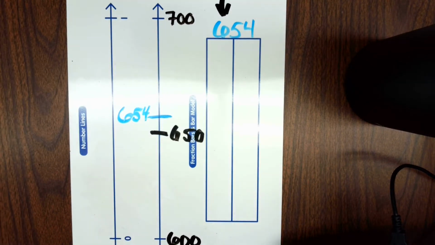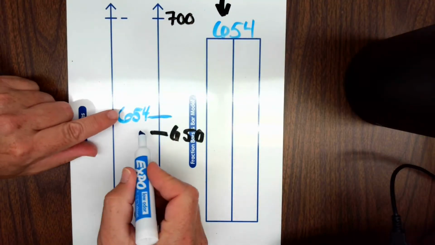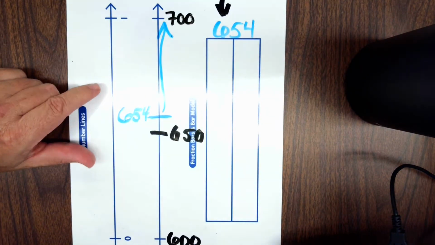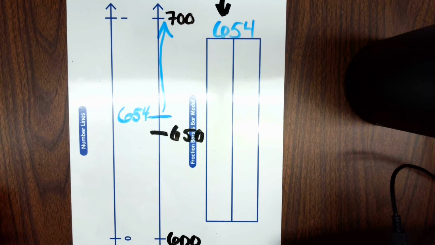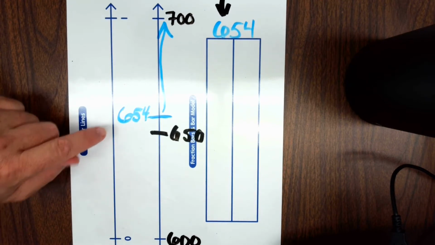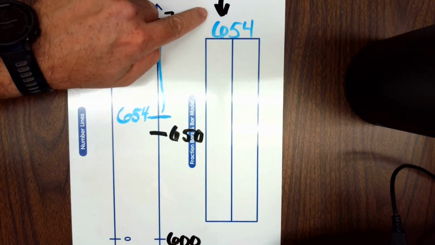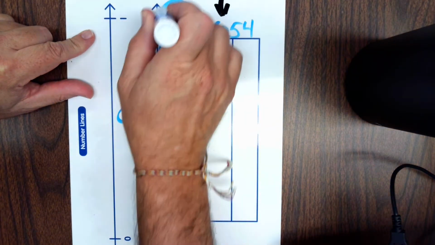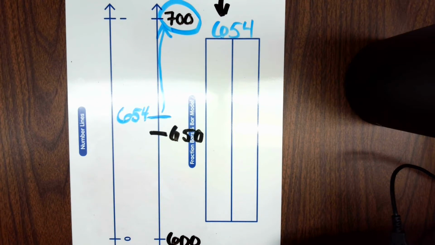At this point, I can see that 654 is closer to 700 than it is to 600. And therefore, when I round 654 to the nearest hundreds place, my answer will be 700. Let's take this one step further with using two number lines to work an addition problem.